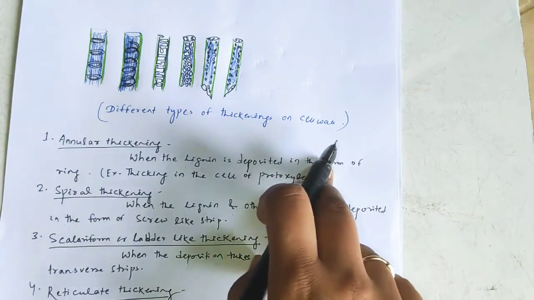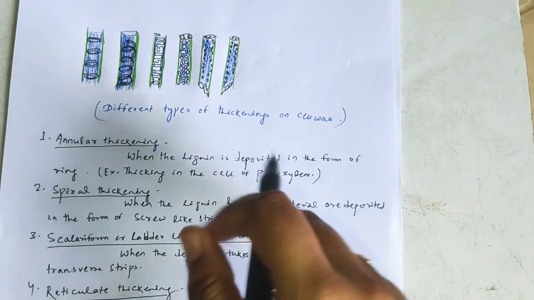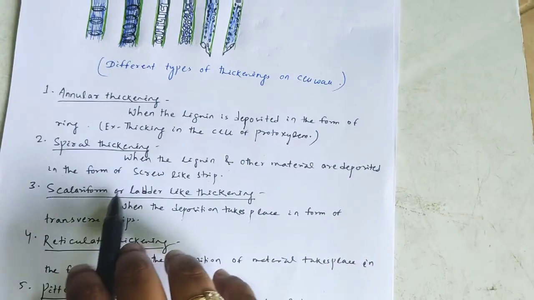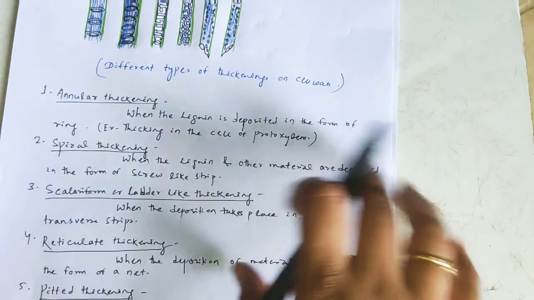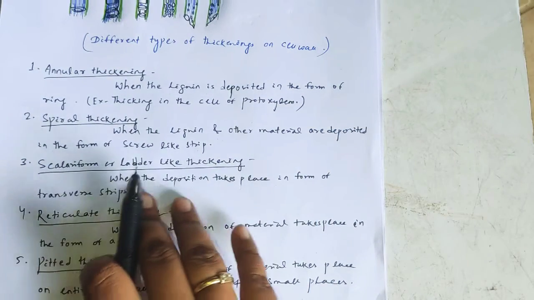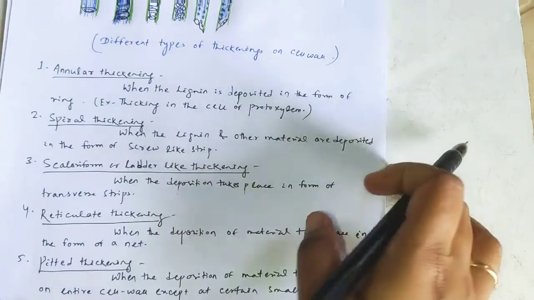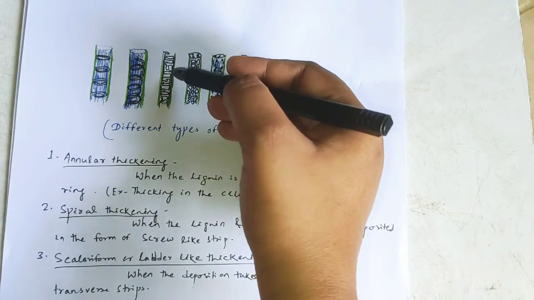Then spiral thickening, the twisted form, when the lignin and other material are deposited in the form of a screw-like strip. Also write down the screw-like strip. Then the third one is scalariform or ladder-like thickening, when the deposition takes place in the form of transverse strips.